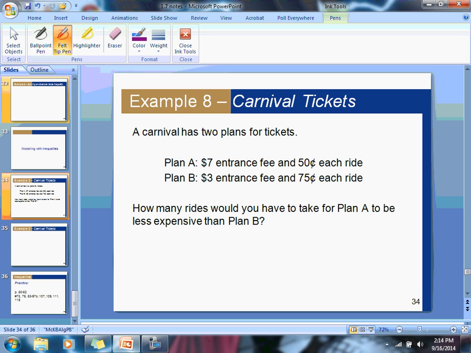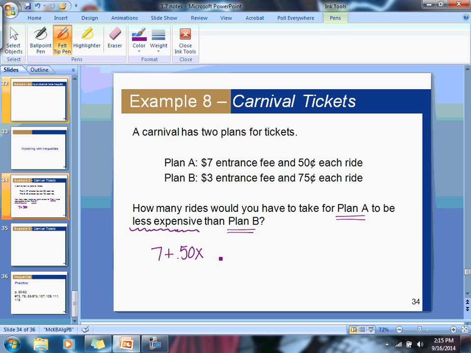Okay, so we basically have two quantities that we're comparing. We're comparing Plan A and Plan B, and they want Plan A to be less expensive or less than Plan B. So Plan A, I'm going to rewrite in an algebraic expression. Plan A, I have to spend $7 to get in, and I have to spend 50 cents per ride.